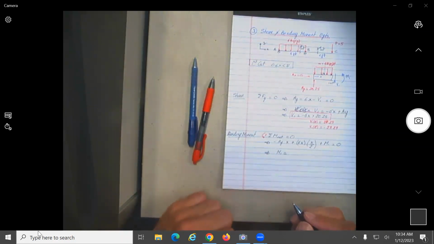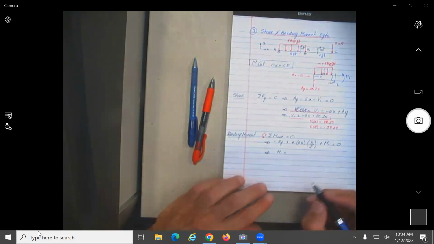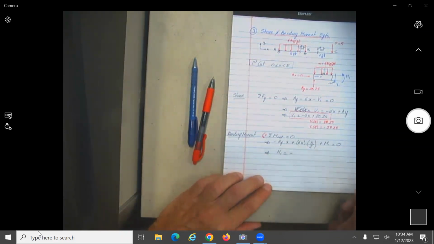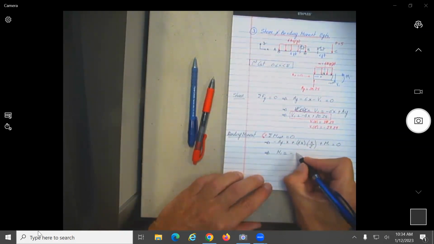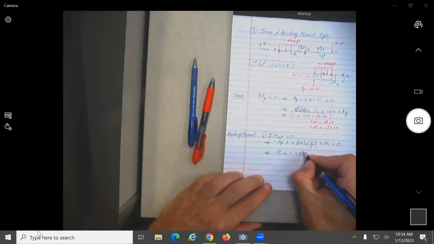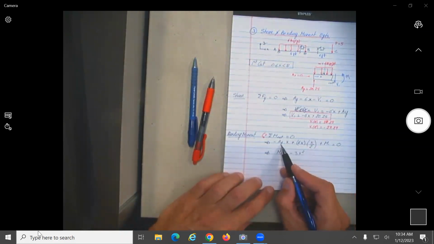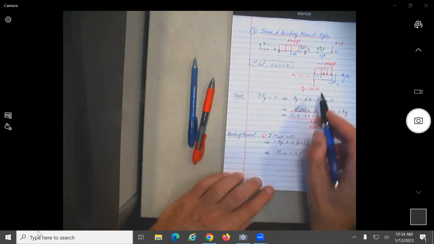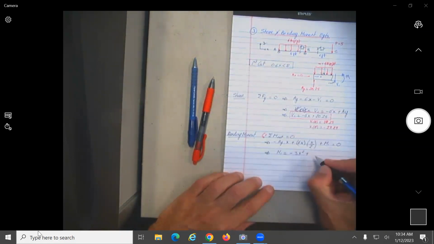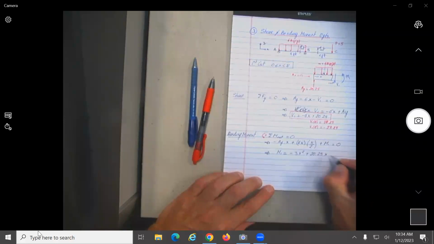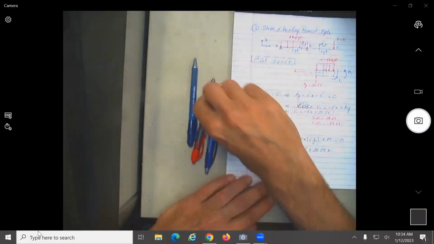M1 should be equal to minus 3x squared, and AY is equal to 20.25, so plus 20.25x.